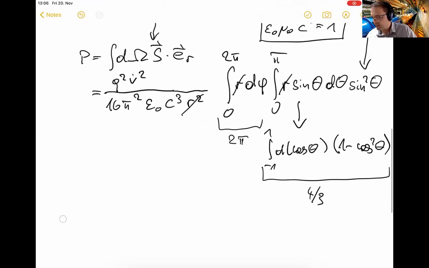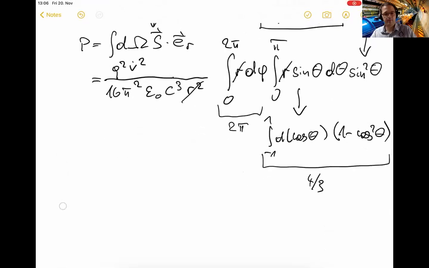So we almost have it. We need to multiply the numbers. It is q squared v dot squared divided by 6 pi c cubed epsilon 0.